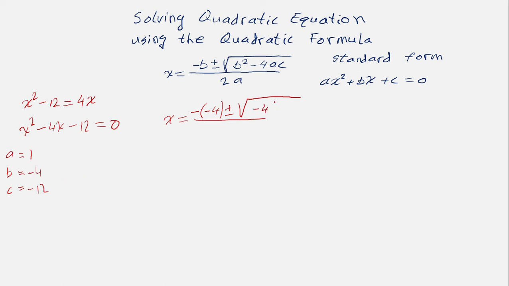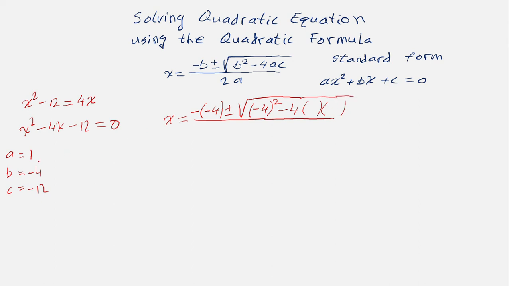And then it's squared. But we need to make sure we put it inside parentheses, because if we don't, then we are not squaring the negative 4, we're just squaring 4 and leaving the minus out, which is not what we want to do. And then minus 4, that's also a part of the formula, times our a, and then times our c.